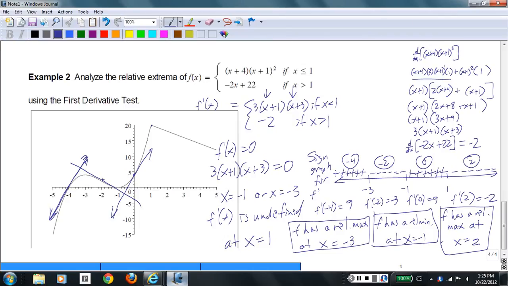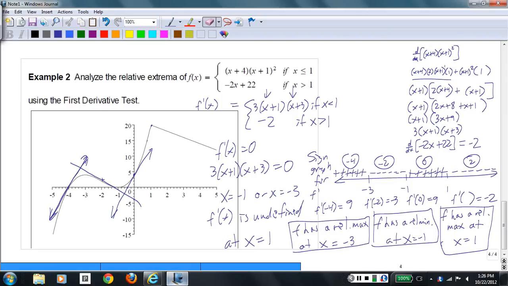Don't you mean 1? I mean 1. I was referring back to this. Old habits are hard to break. F prime of 1 is undefined. I was right the first time, but wrong the second time.